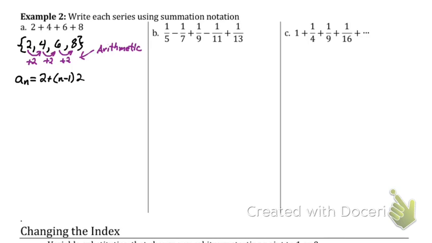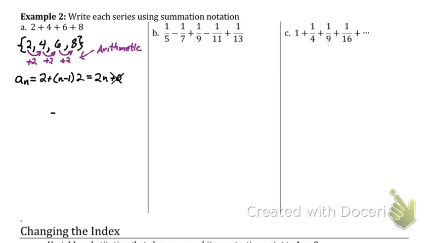There you go. The first term is 2 and the common difference is 2. We'd probably simplify that. That would be 2n: 2 times negative 1 is negative 2, plus 2 is 0, so it's 2n plus 0. You don't need the 0. It's just 2n. That should be the hardest part about your sigma notation.